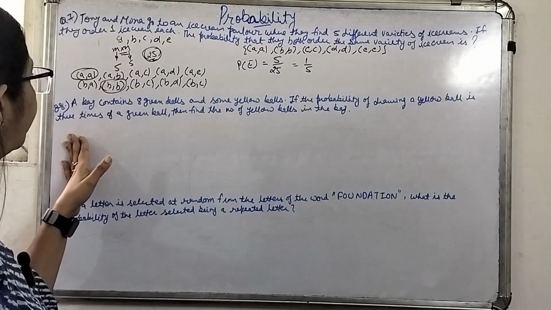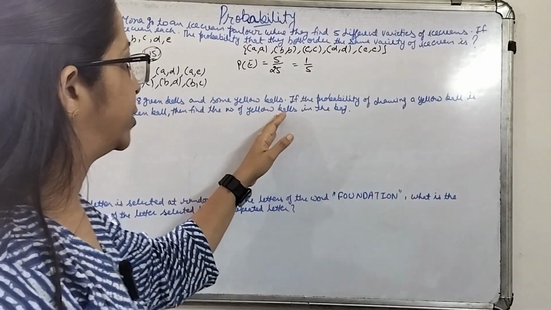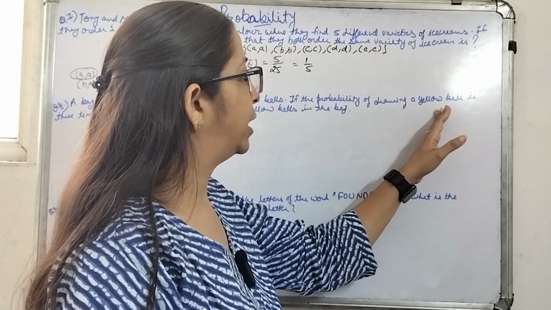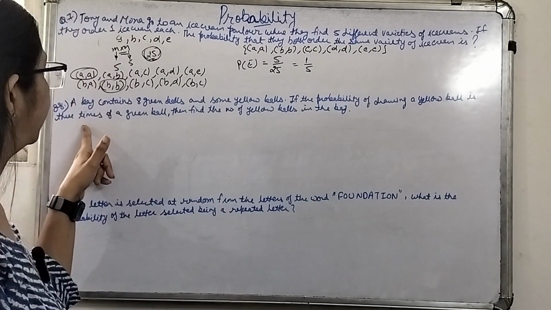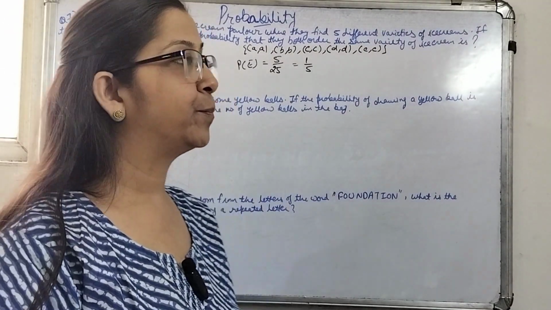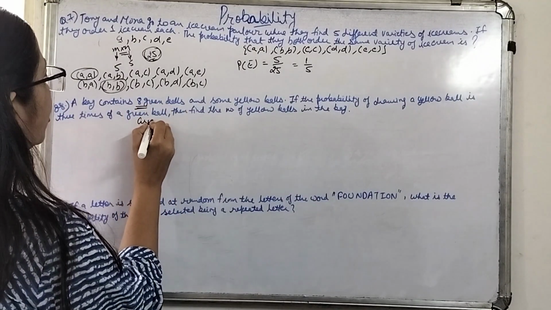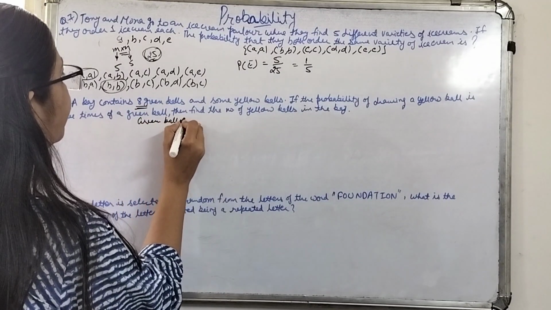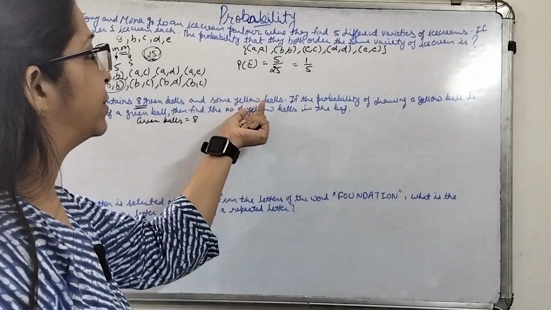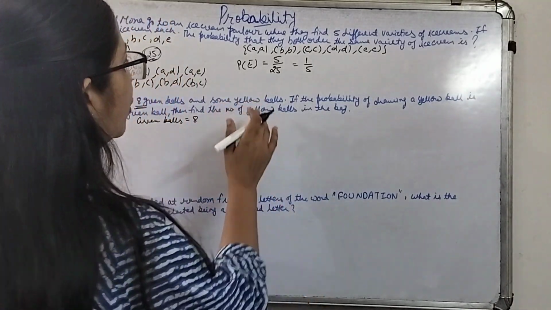The next question: a bag contains 8 green balls and some yellow balls. If the probability of drawing a yellow ball is 3 times that of a green ball, then find the number of yellow balls in the bag. Over here it is given to us that the number of green balls is 8, and some yellow balls are there, and we need to find how many yellow balls are there.